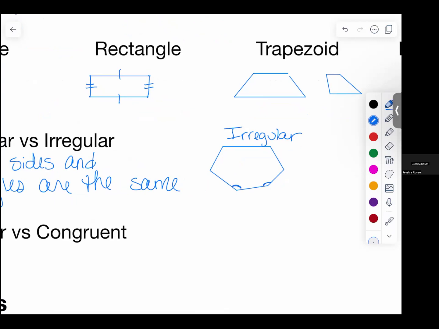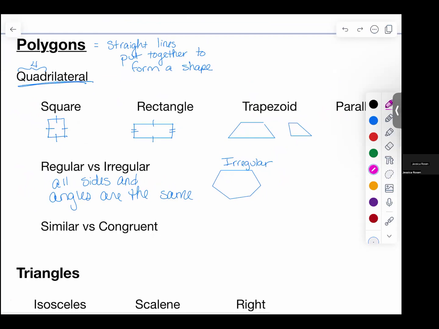So not all sides and angles are the same. That would be irregular. If I had all the angles and sides the same, then it would be a regular polygon.